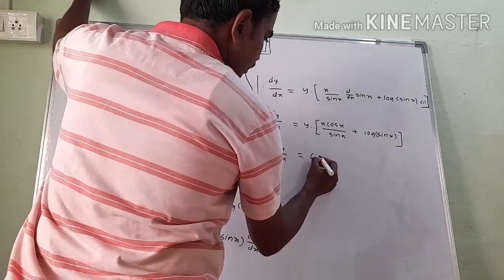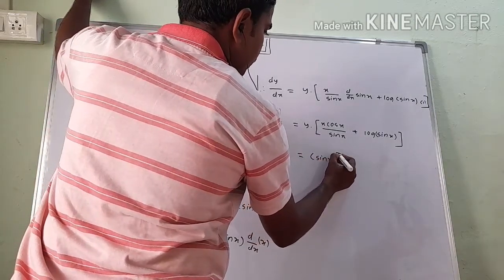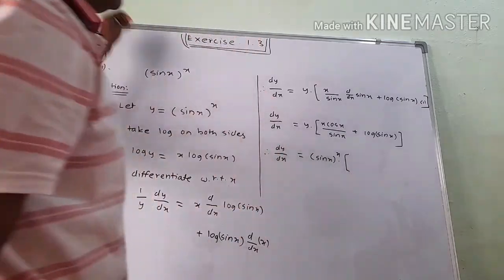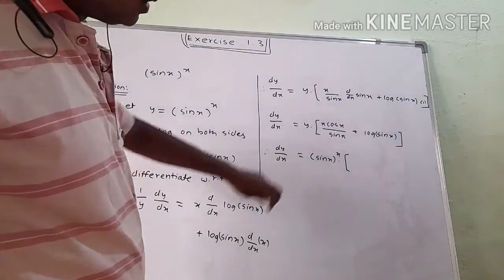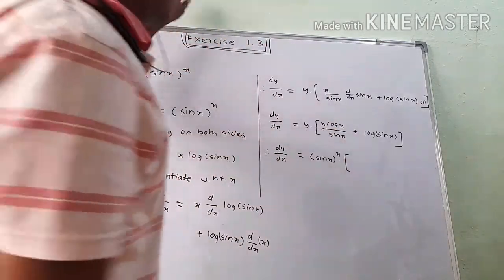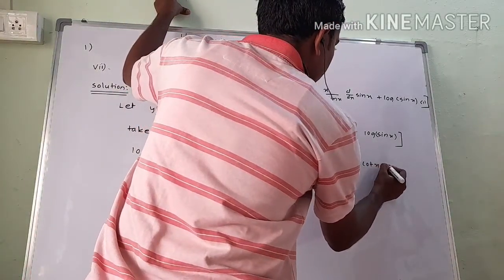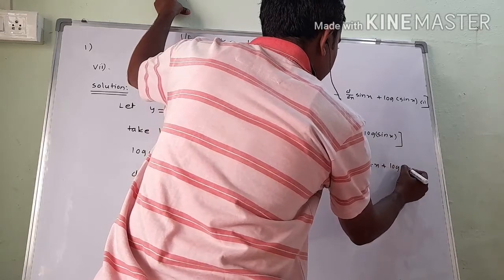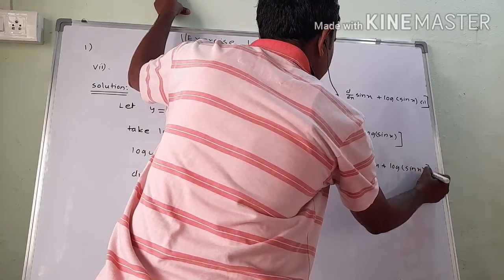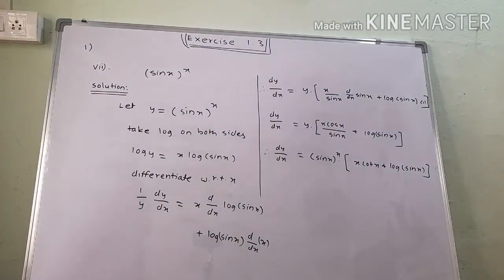What is the value of y? y equals sin x raised to x, and again in the square bracket we can simplify the expression. Cos x divided by sin x means cot x. Here we get x into cot x plus log of sin x. This is the required differentiation of the given expression.